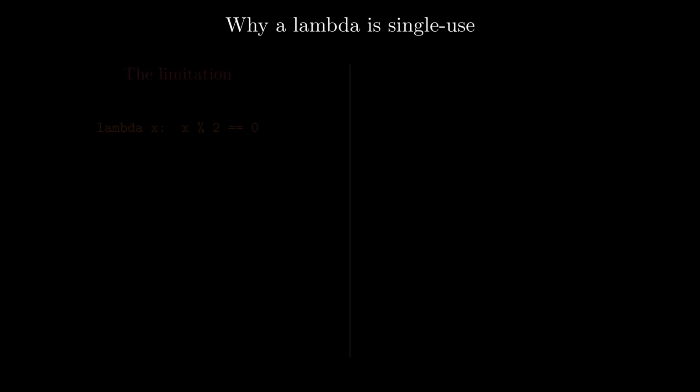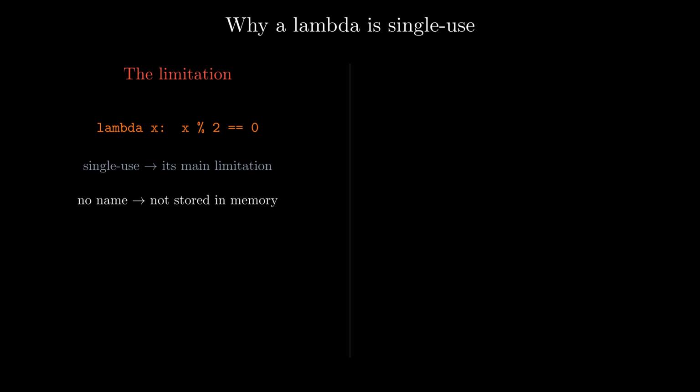You reach for a lambda in exactly one situation: when you need a quick function you don't plan to reuse. That single-use nature is also its main limitation. Because a lambda has no name, it's never stored in memory under one, which means there's no way to refer back to it later. If you build some behavior as a lambda and then want it again, you can't just call it by name because there is no name.